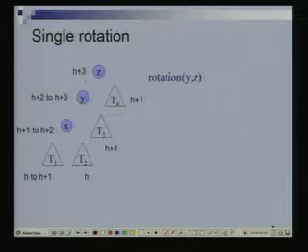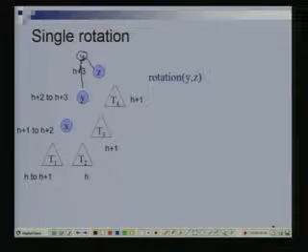So what do we want to do? We want to move this up so that it will come here and y will become the parent of z. So this is what the rotation is.